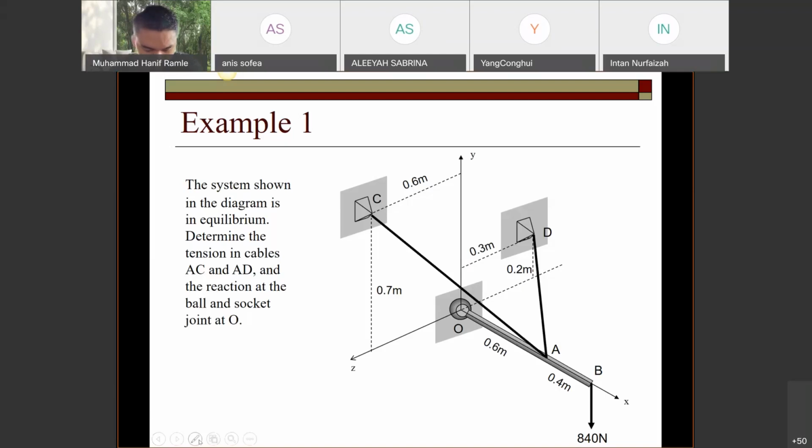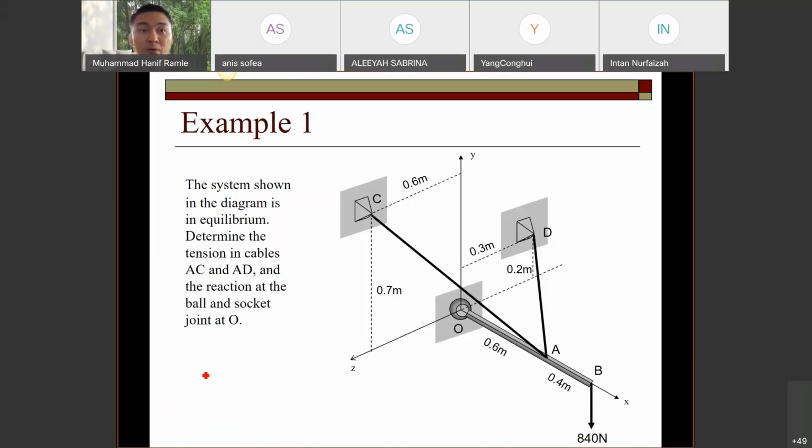OAB. Yes, correct. So the member that you have to choose is OAB. Then the first step, of course, FBD. You have to draw the geometry of OAB first.